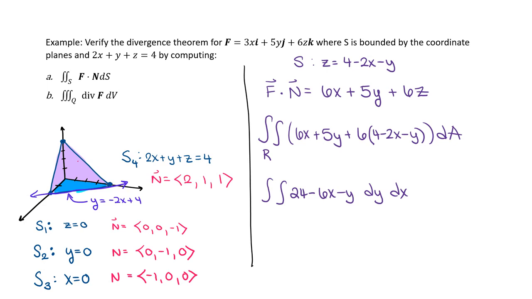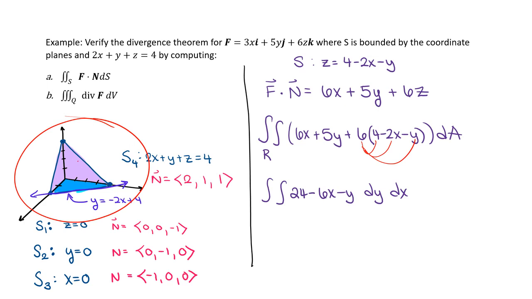So in my picture, I shaded in blue the projection of that surface in the xy plane. I did something else. I also distributed the 6, combined like terms, and I ended up getting the quantity 24 minus 6x minus y. And so that's what I'm going to integrate over that region that I have shaded in blue, which is the projection of my surface over the xy plane.